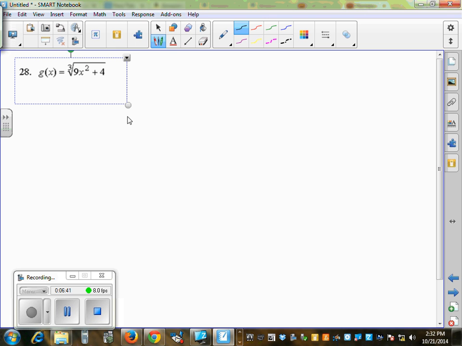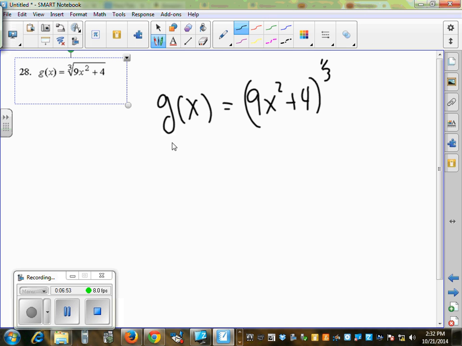Last one now. Our shell is a cube root. So our derivative is, first of all, we do the derivative of the shell.